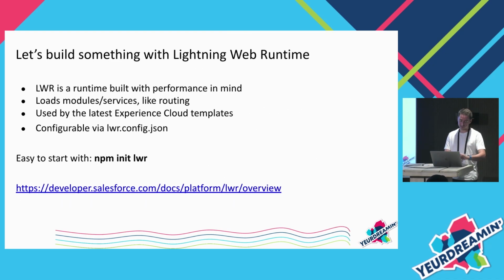So we are going to talk about Lightning Web Runtime. So when you try to create a community, so experience now, you have some templates like build your own. Build your own is like an empty template and do whatever you want. And now there is a new template which is called build your own LWR, so Lightning Web Runtime, which is the same as the other one, except it's 100% LWC, which means that even if you create a community with the regular build your own template or all the other, like a service or everything, you are still running the Aura runtime.